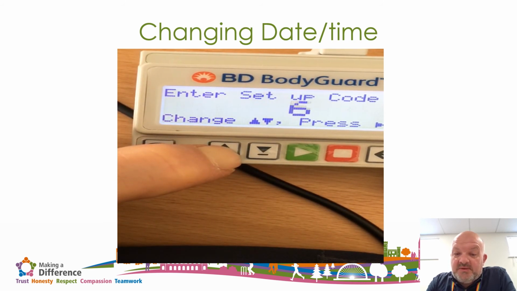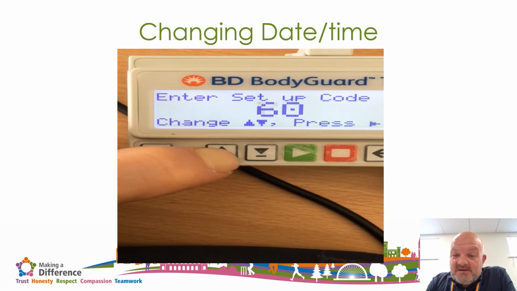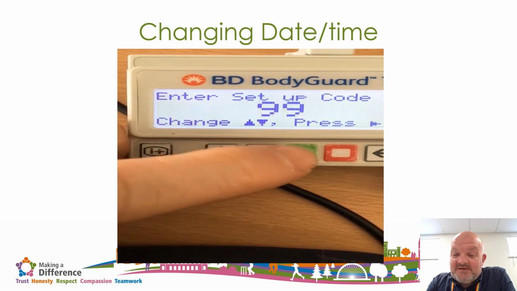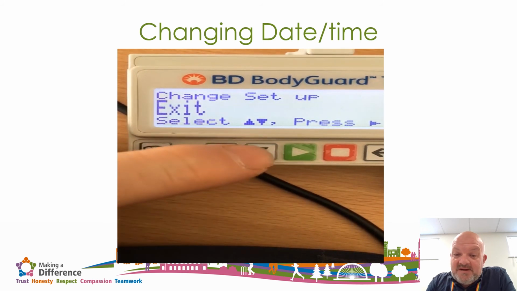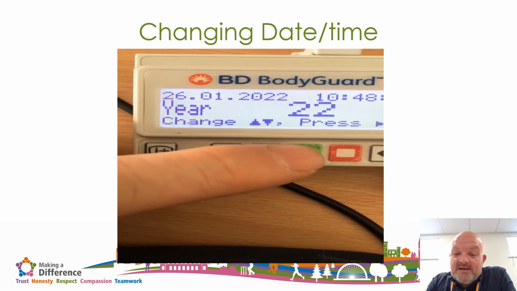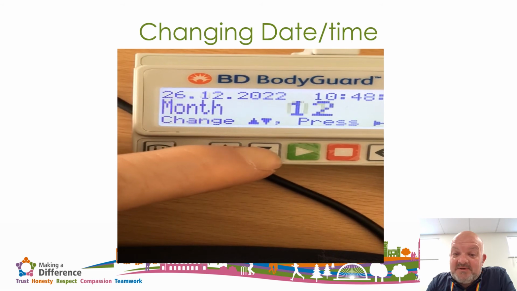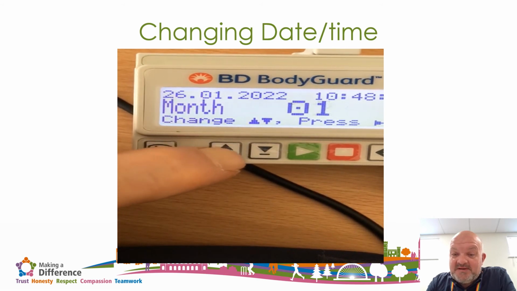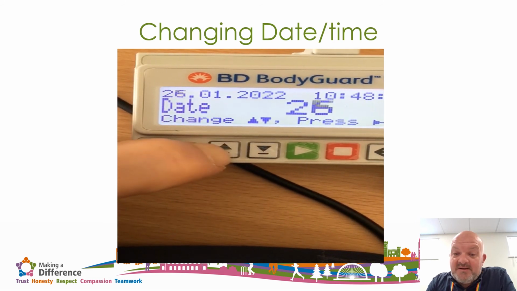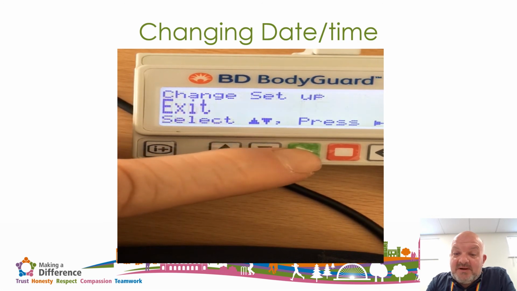If you press and hold the key, it will go up initially in single digits and then in tens. So the easiest way is to go up to 100 and then use the drop down key to drop it to 99. Confirm with the green button, drop down this menu to the time and date, again confirming, and then just using the up and down buttons to get the correct year, month and date, and then confirm with the green button, as you can see, and then again doing that with the clock as well.